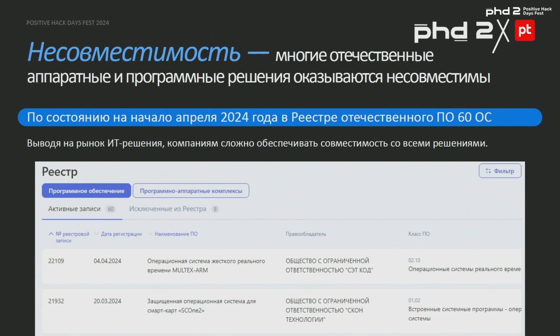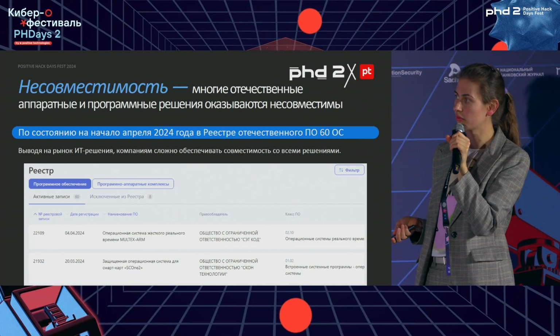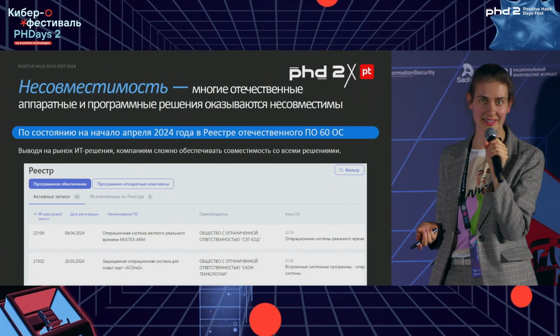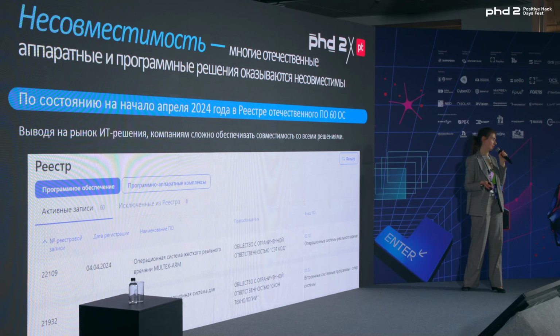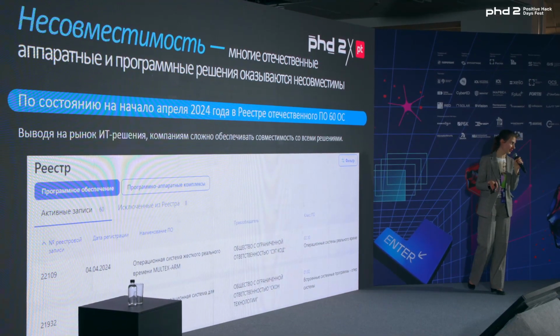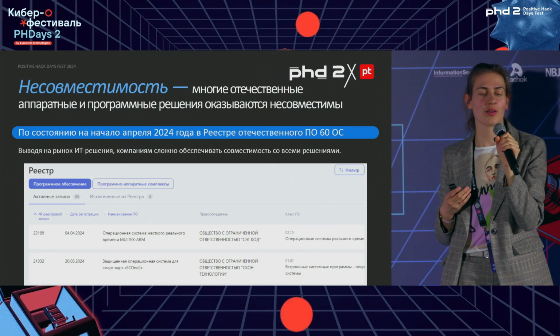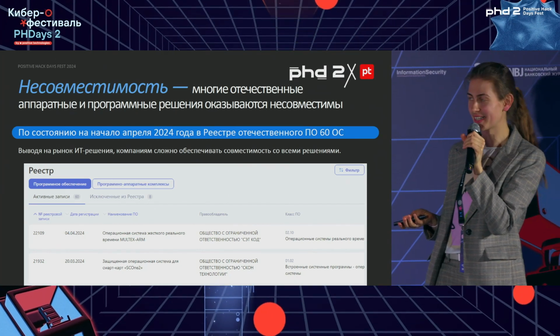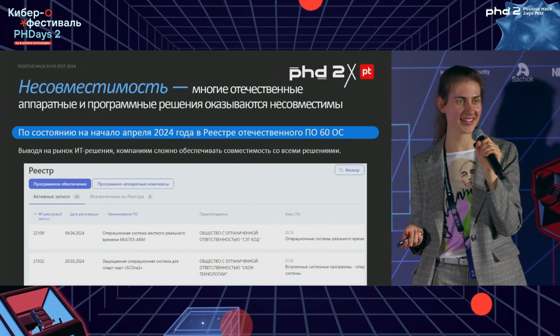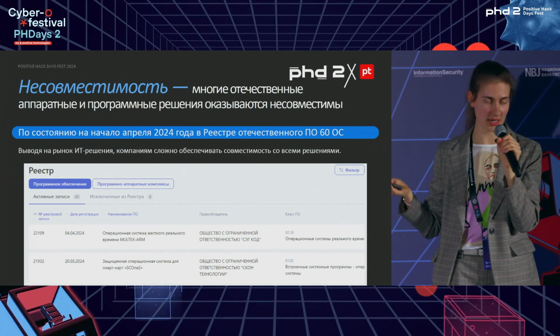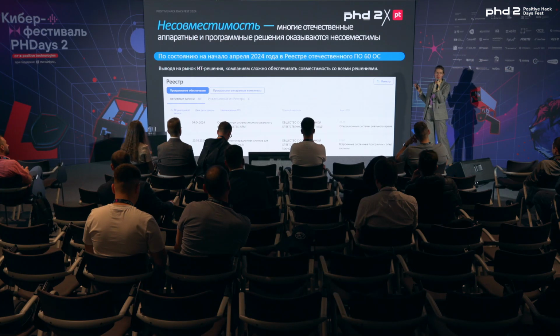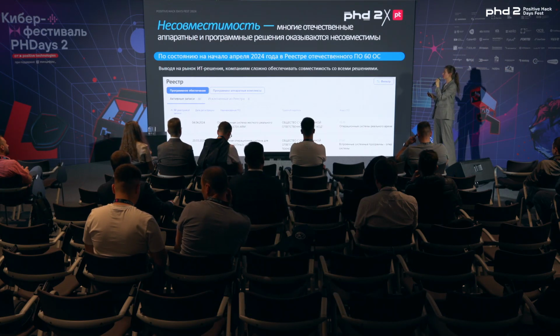So that's why this kind of fight against this incompatibility of Russian hardware and software is the first and the main trend of development of PACs in the Russian market. In the registry of Russian software, we have more than 60 operation systems. Roughly speaking, they're all Russian, but any producer that brings a new solution to the Russian market won't be able to ensure compatibility with all the solutions.